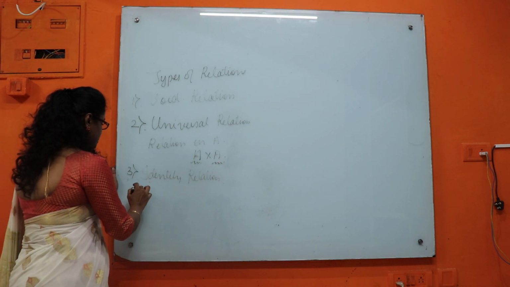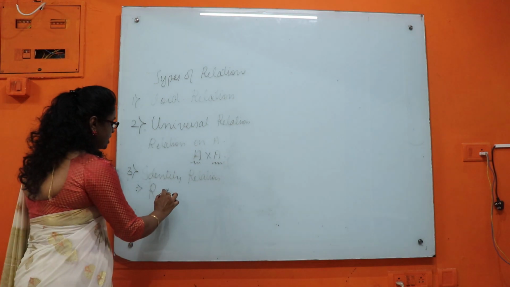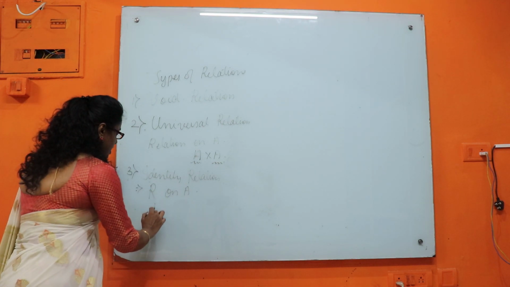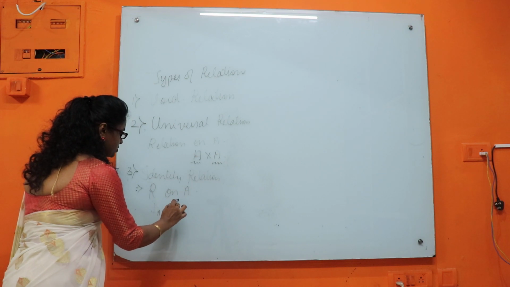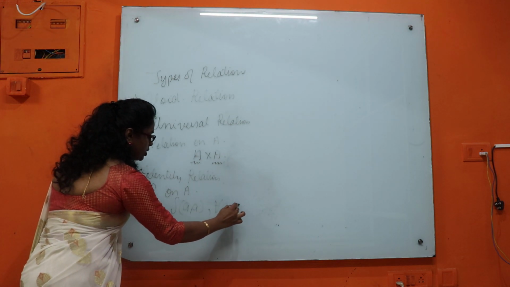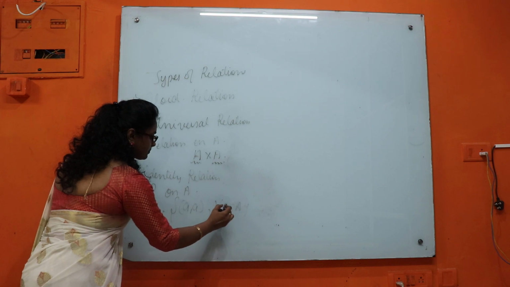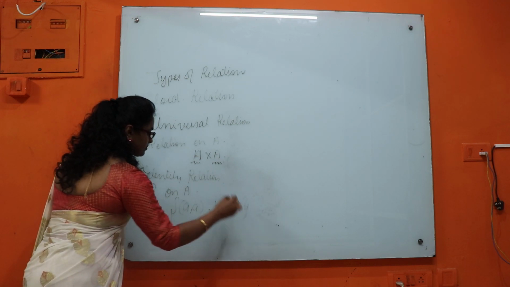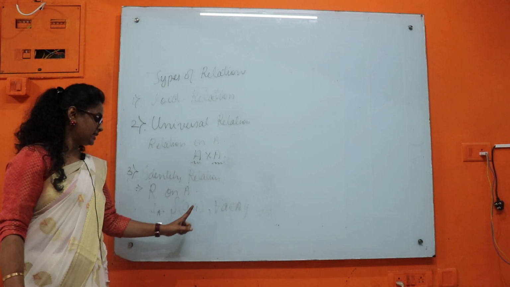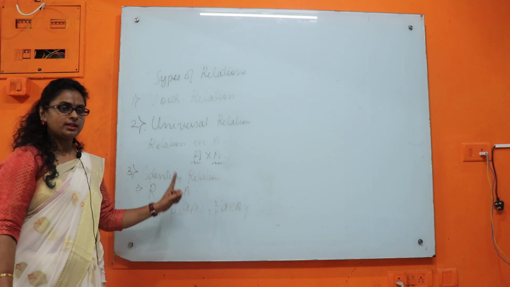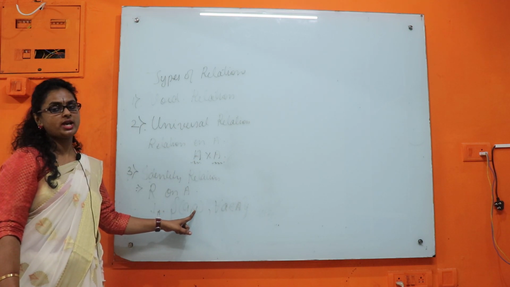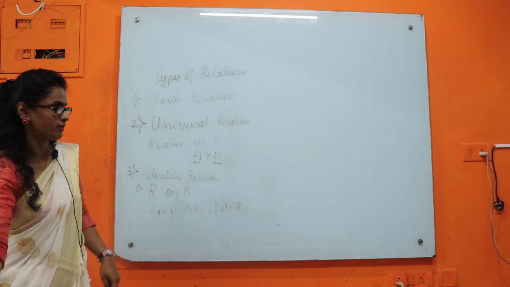A relation R on a set A is said to form an identity relation if I_A is equal to (a, a) for all a belongs to the main set A. That is, the element which you have here as a should have the same image a itself. This is nothing but an identity relation.